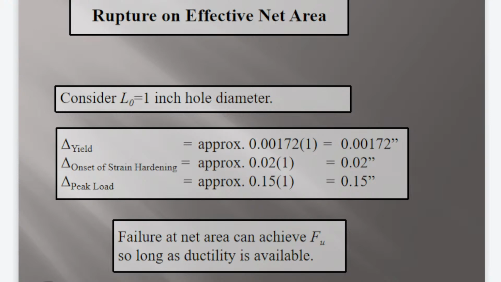After the ultimate point, now the rupture comes in. From the yield point to the rupture, there is a very lengthy amount of time before the element would actually break down into pieces or smaller pieces.